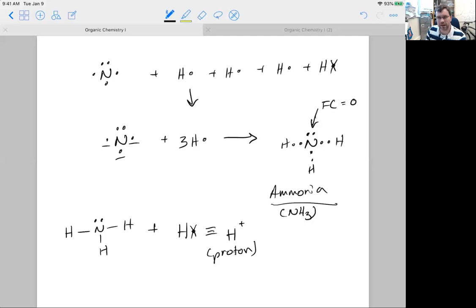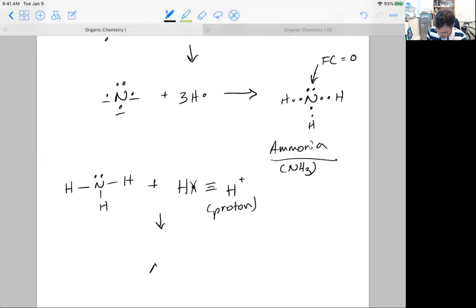Well, the proton, a single subatomic particle, is so desperate for electrons, so desperate to fill its version of the octet, which is just 2 electrons, that it will actually find a way to meet up with the NH3 to form something like this. So the H is going to actually just jump onto a lone pair of electrons.